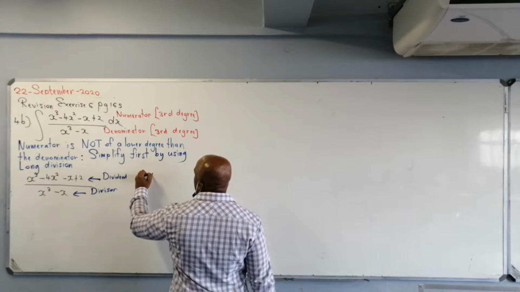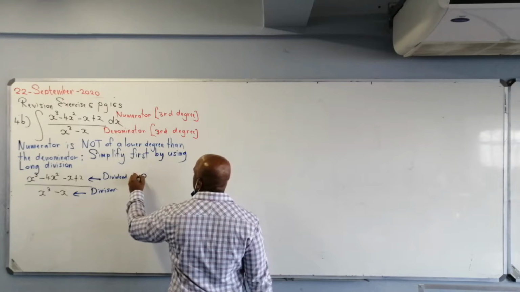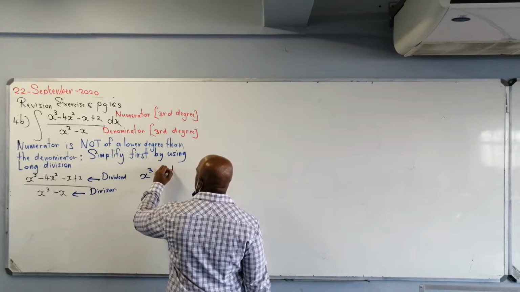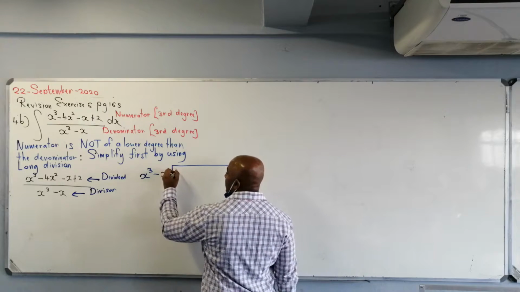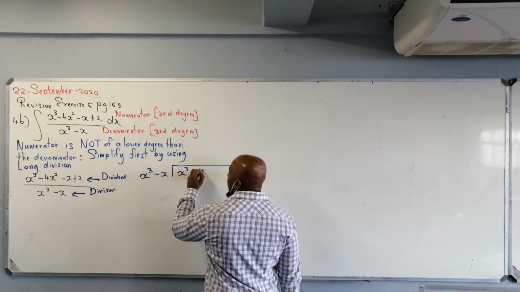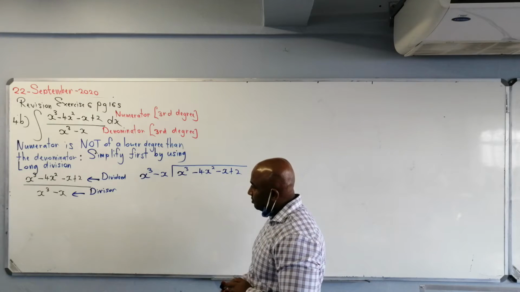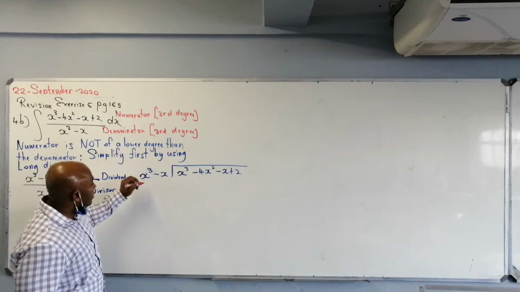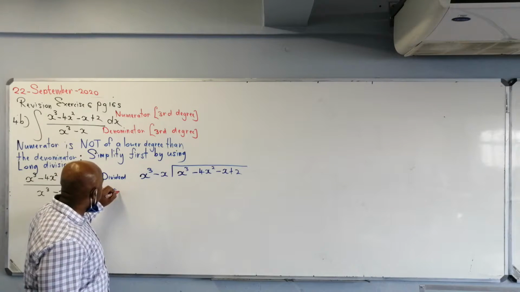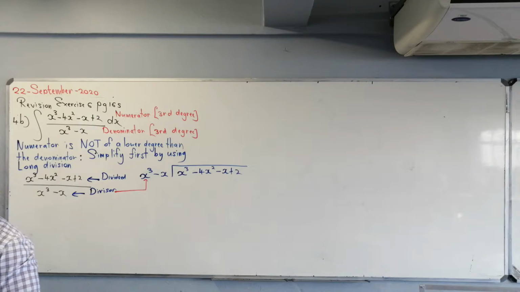So we got our x cubed minus x on the outside there, that's the divisor. The dividend goes inside there, so that is x cubed minus 4x squared minus x plus 2. So it's always the divisor that's going to go on the outside. Alright. Now what we need to do is divide.